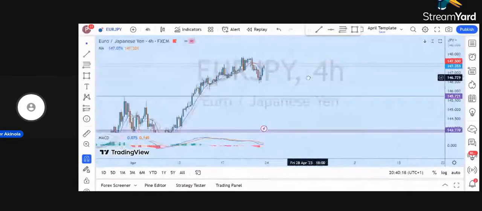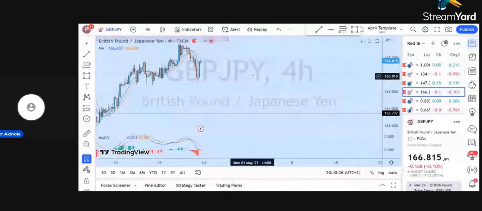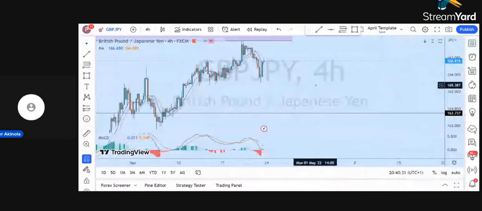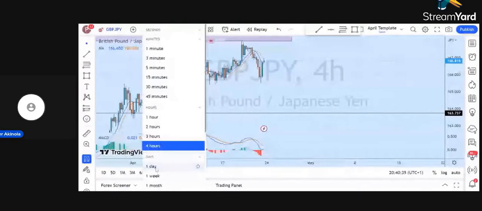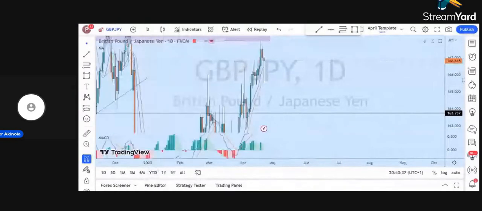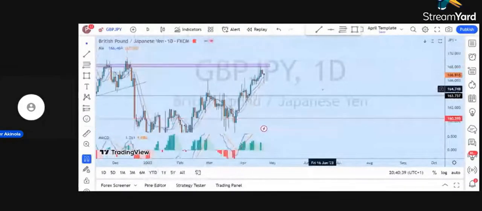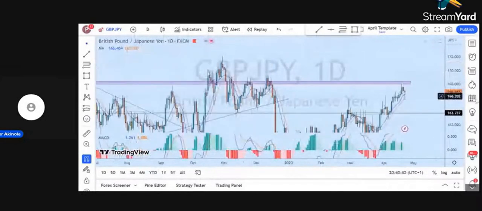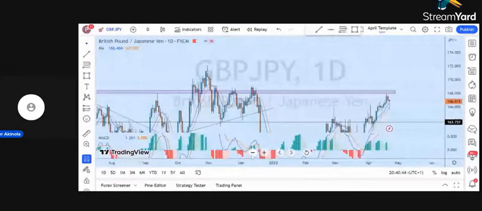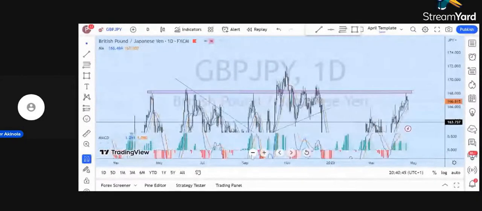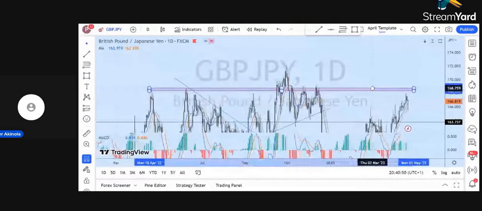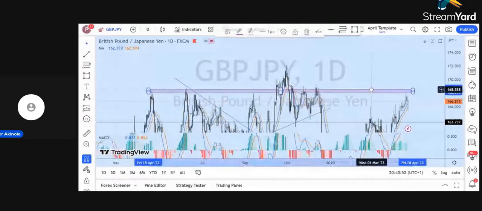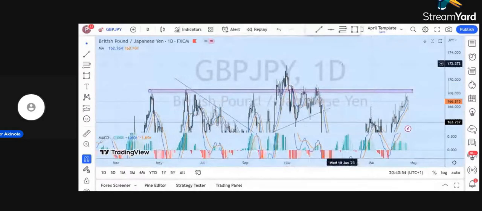So which is the next? This is GBP JPY, one of my favorite pairs, which also closed with a pin bar.